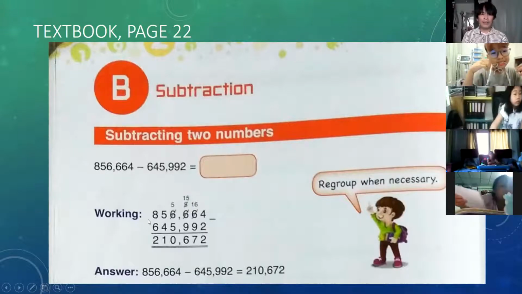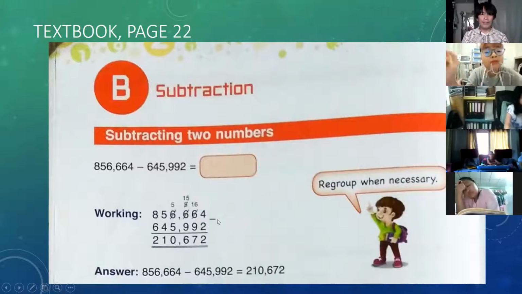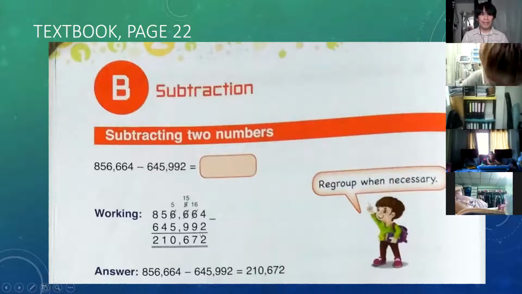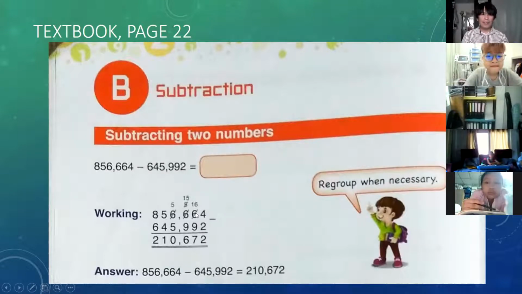The working: 4 minus 2 is equal to 2. 6 cannot be subtracted by 9 because obviously 6 is smaller than 9. So we borrow 1 from 6. 6 becomes 5, which will become 15 later. 5 minus 9 cannot be subtracted.